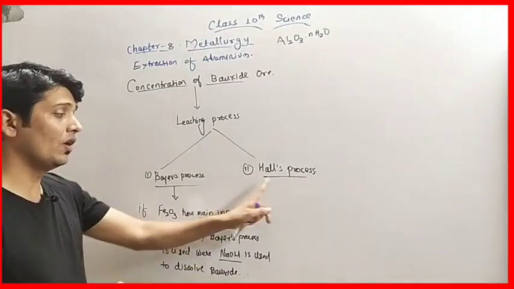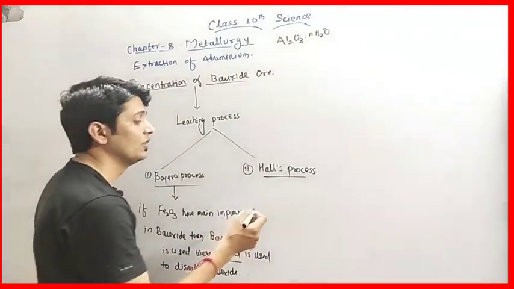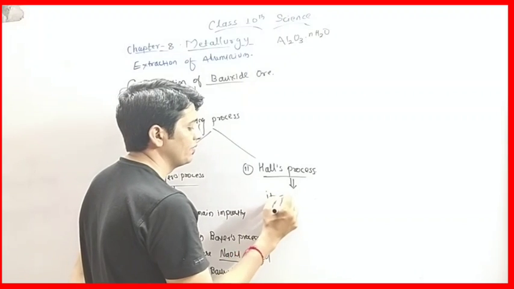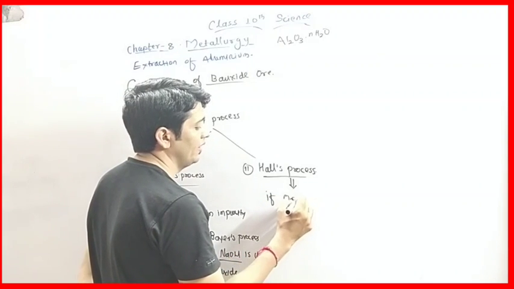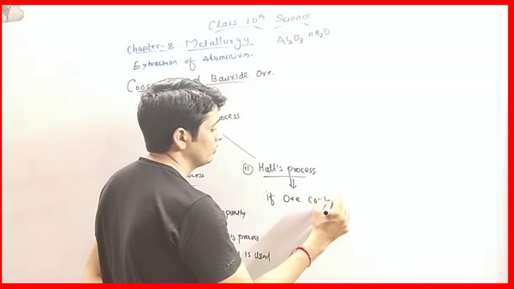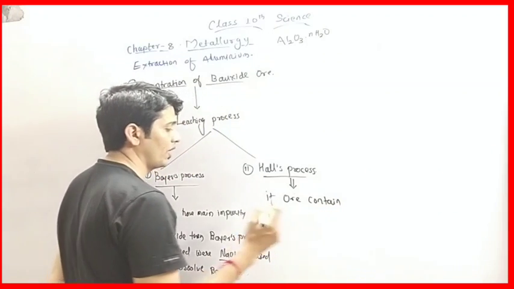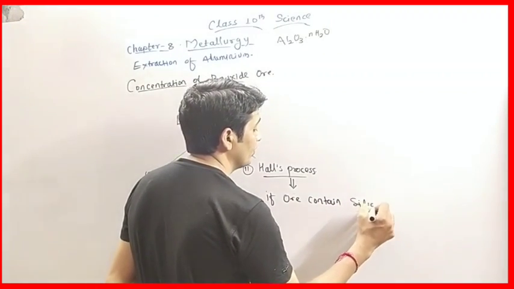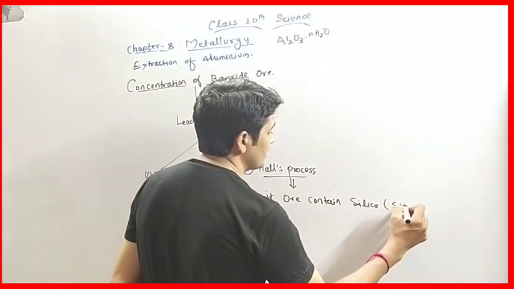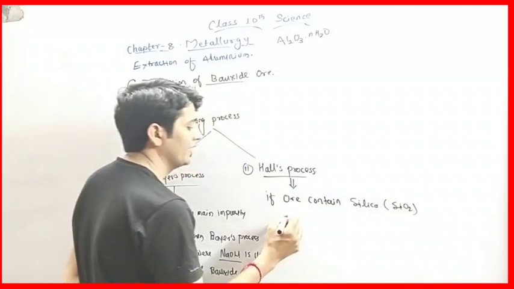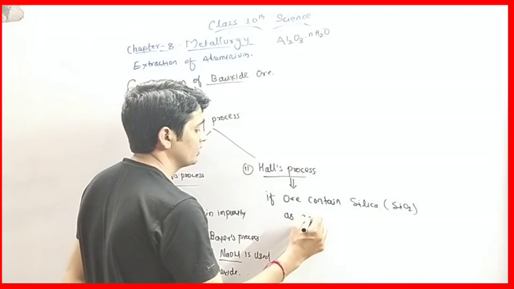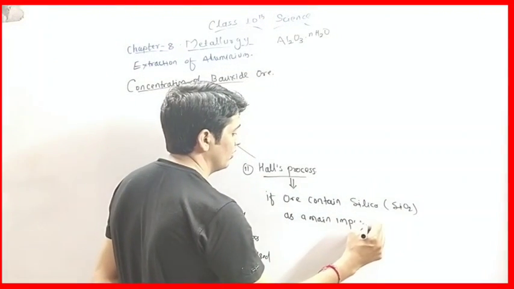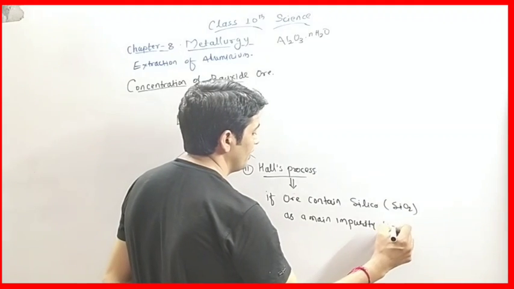Now what about Hall's process? Hall's process is used if the ore contains silica, its formula SiO2, as the main impurity.